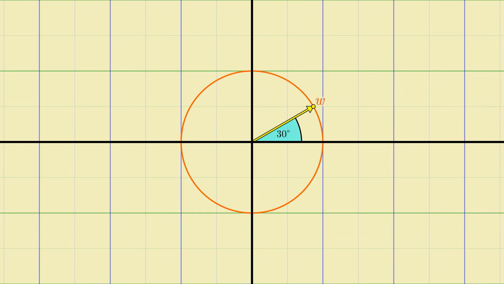If you know a little trigonometry, this isn't too hard to do. The xy coordinates of the point 30 degrees along the unit circle are given by the cosine and sine, respectively, of 30 degrees, which work out to be about 0.87 and 0.5. So our point w can be expressed as the complex number 0.87 plus 0.5i.